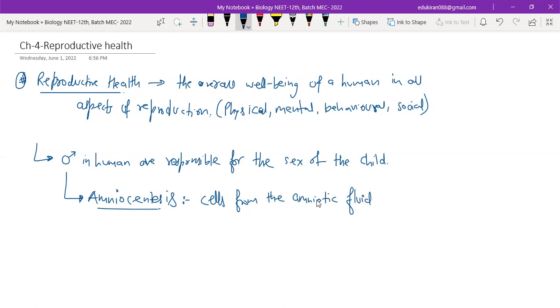So, cells from amniotic fluid is collected to figure out the sex of the embryo.